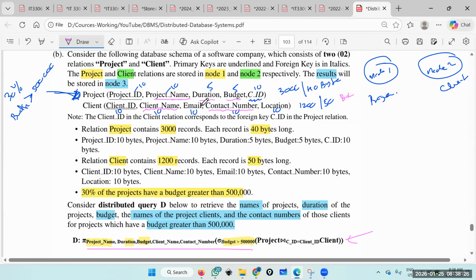The client name we need. We need 40: project name, client name, duration, budget, contact number. Project name you need, duration you need, that is 15, budget you need, that is 20, then client name you need, that is 30, and then you need contact number, yes, 40. Sorry, 10, 20, 30, 40, yes, 40 bytes.